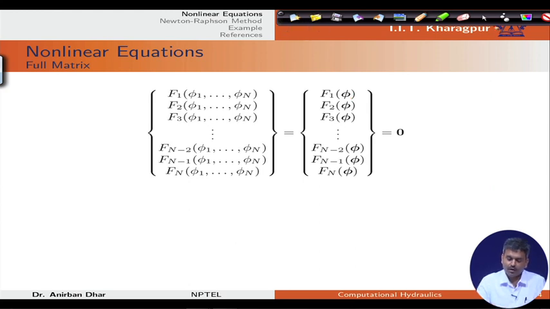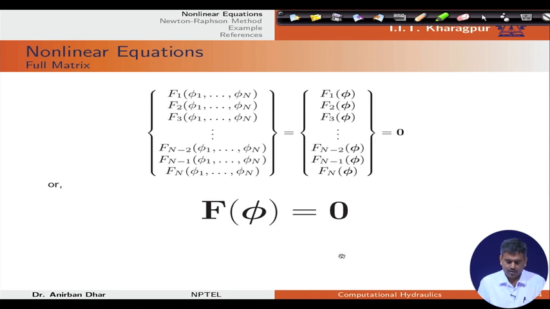So, how to solve this particular problem? In final form, we can write this as f(phi) equals 0, where f is a vector, phi is a vector, and 0 is again in vector form, a column vector of 0 values.